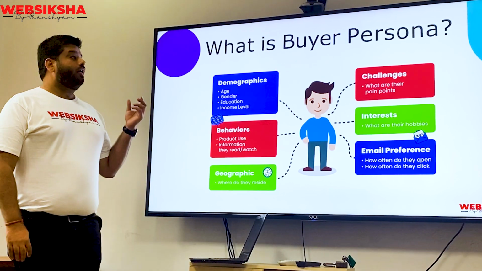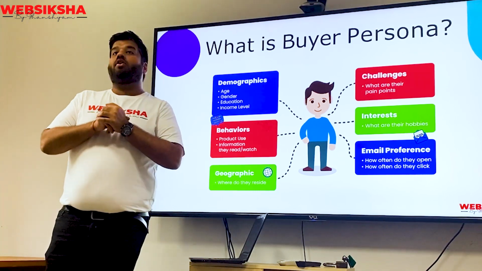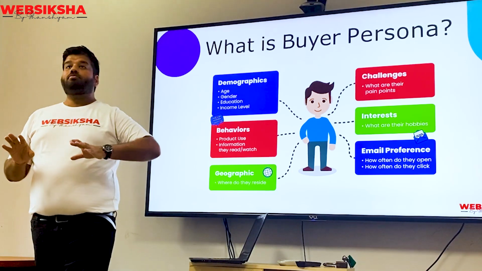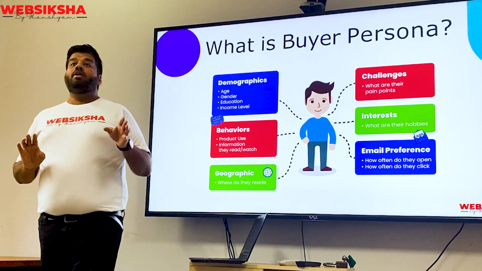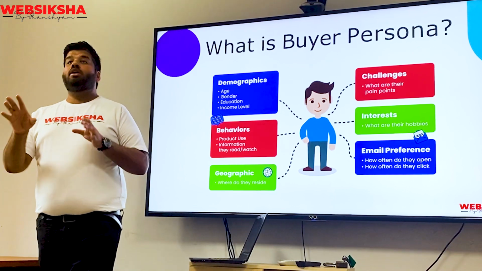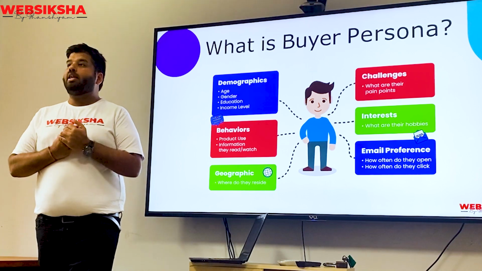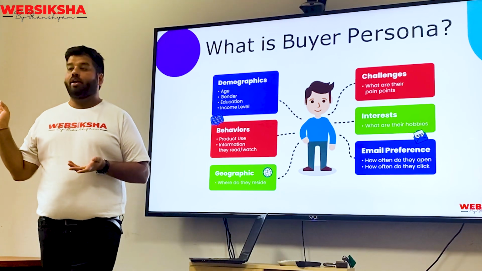Suppose Manpreet is looking for XYZ services, but there is no feature on Facebook or Instagram where he finds a specific service provider. Sometimes we feel like that. Then only we go to Google and look for the service provider.